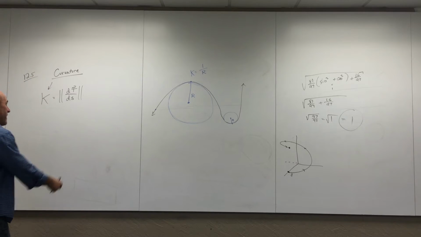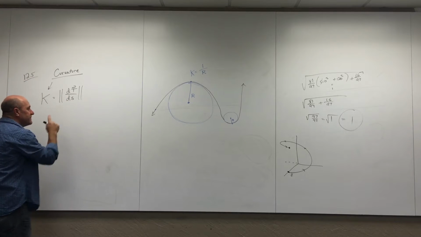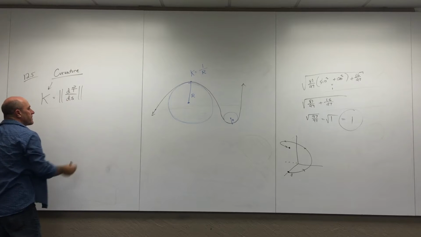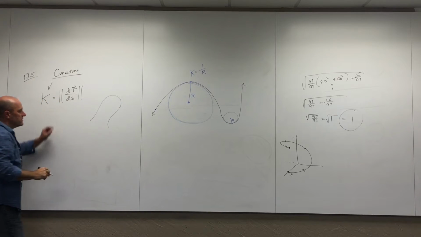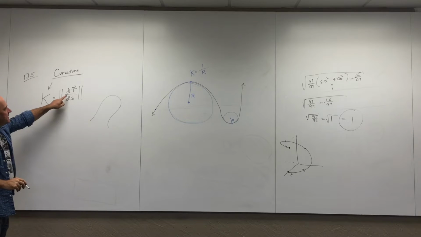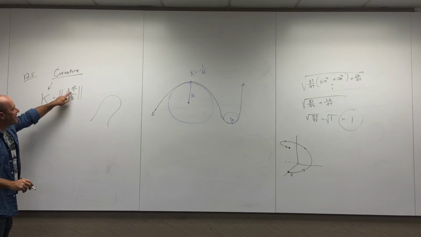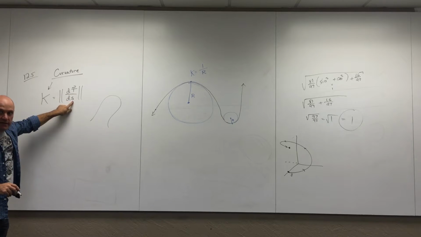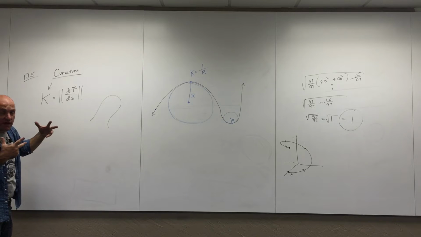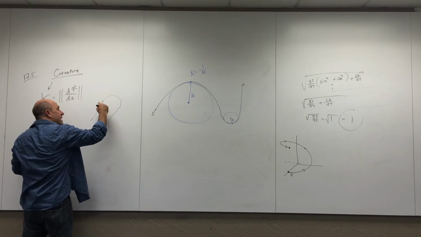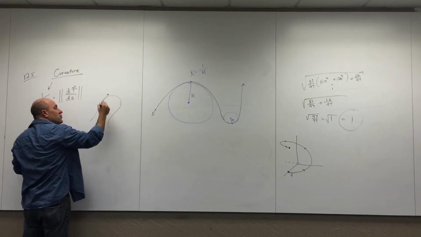Now let's go back to this. I want to talk about this. This is the rate of change of the unit tangent vector with respect to arc length. I'm reading this math, and capital T is the unit tangent vector. If I'm going around this curve, here's a unit tangent vector.